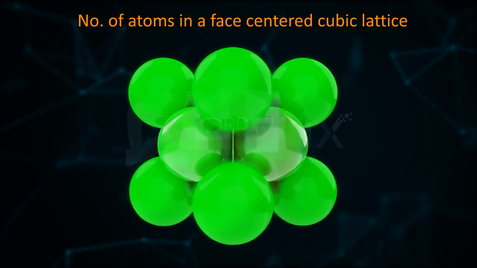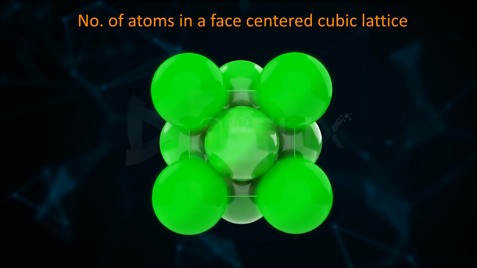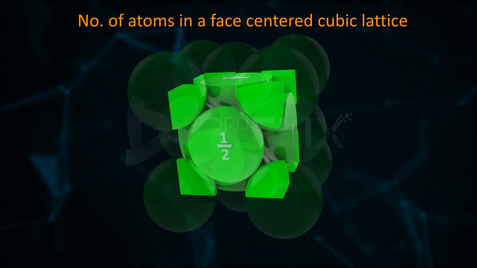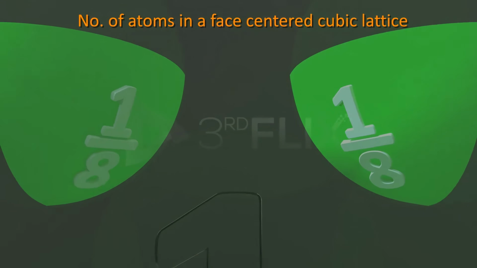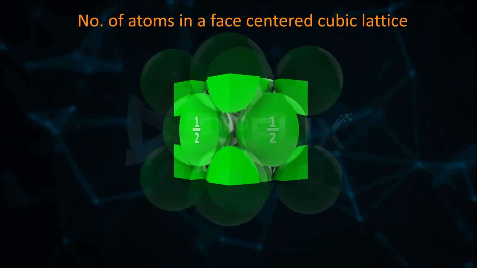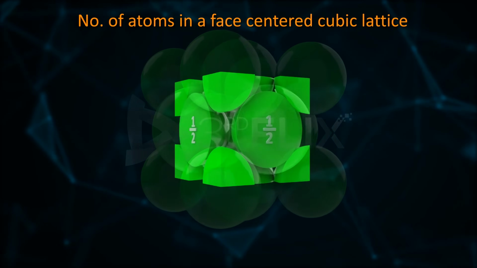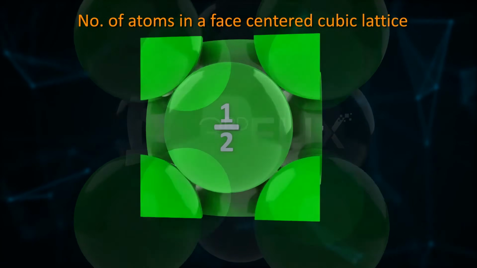Observe the unit cell of a face-centered cubic cell closely. Clearly, each of the atoms at the corners contributes 1/8 of their original volume. Furthermore, each of the 6 atoms at the 6 faces contributes half of their original volume.